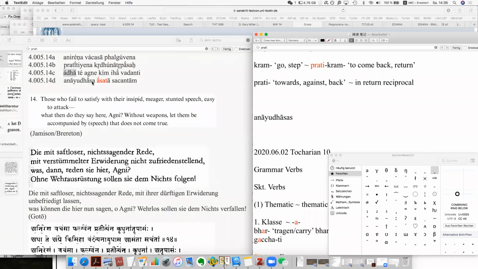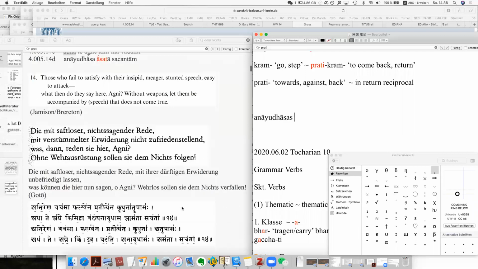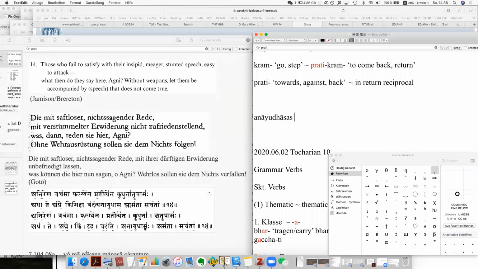Yudasas. So here you see R plus a R. So we have a sandhi here. So originally it is sas. So this is asat. So originally we have this one, but this as before R disappears. So this is a regular sandhi.